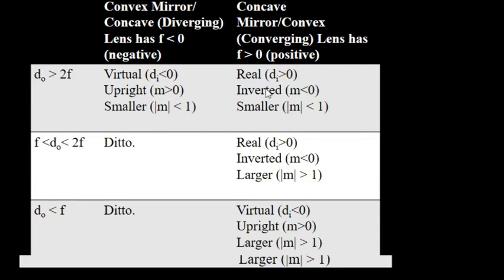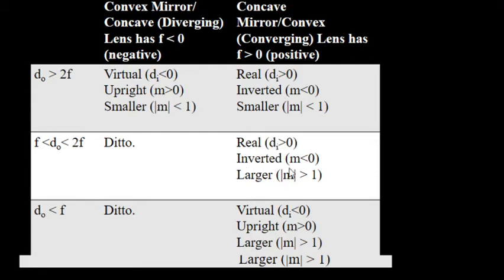So this is smaller, this is smaller, this is smaller, this is smaller, right? A diverging lens always makes a smaller image. So there's no way that this thing on the left-hand side is a diverging lens, or a concave lens. It must be a converging lens.